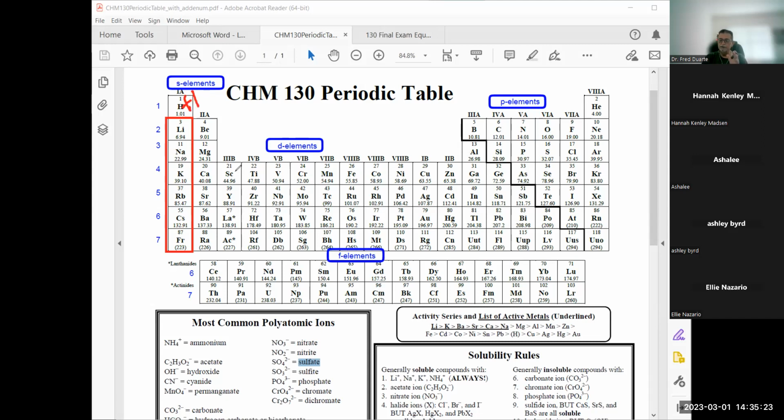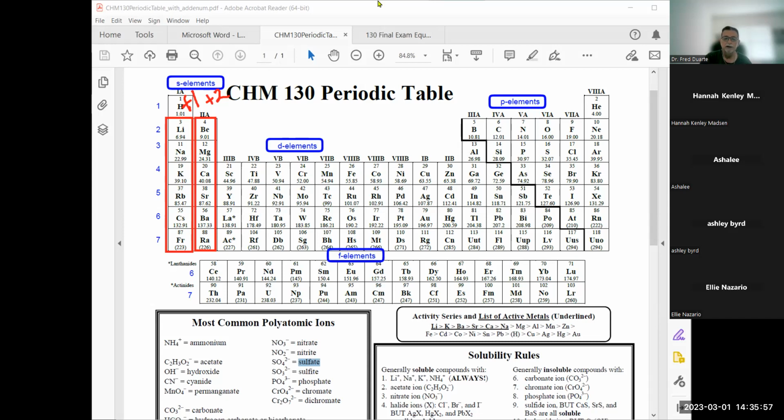They have 1 valence electron. Your metals, they're going to lose that 1 valence electron, so they end up with a +1 charge. Okay? The next group here would have a +2 charge. Okay, so starting from number 4 all the way down to number 88. Everybody there will have a +2 oxidation number when they become ionic.